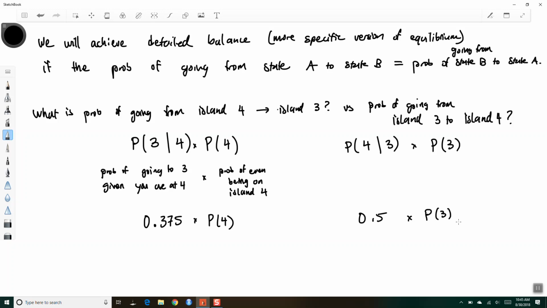So when will these two be equal? If we have detailed balance, then these two probabilities are equal.